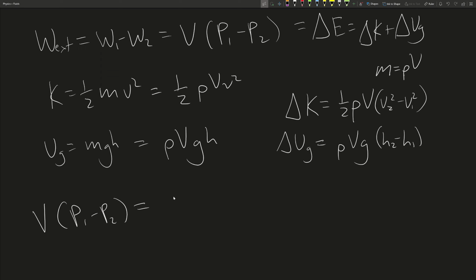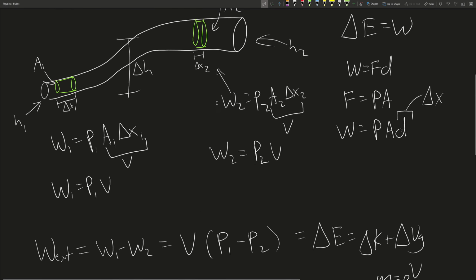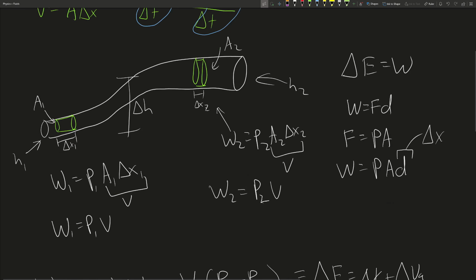So the work is equal to 1/2 rho V times (V2 squared minus V1 squared) plus rho V g times (H2 minus H1). And so we see that V appears with all the terms, so we can cancel it out. And again, all these V's are the same because the volume is conserved for incompressible fluids, as we saw before in these two examples.